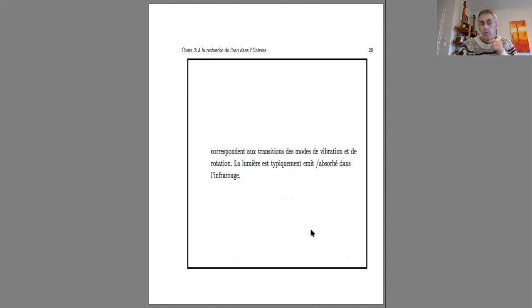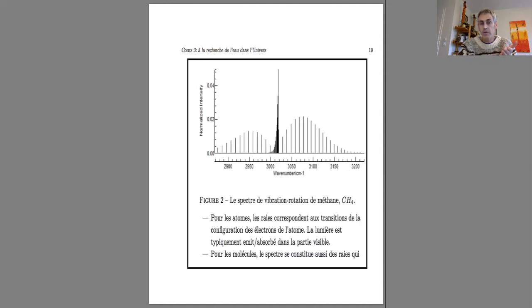But the point is there's a spectrum associated with each atom, and a spectrum associated with each molecule, and so we can identify the presence of these different atoms and molecules based on the absorption and emission spectra.